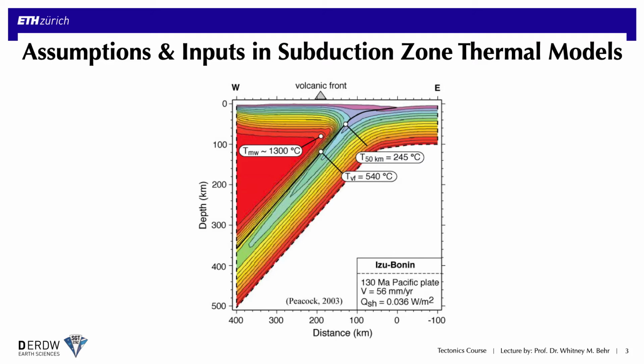Some of the key outputs that we're interested in extracting, or the reference temperatures that we extract from these thermal models, are things like the temperature of the asthenospheric mantle wedge, labeled TMW, the temperature of the slab top beneath the volcanic front, labeled TVF, and the temperature of the slab top at around 50 kilometers, which would be the temperature expected beneath the deepest part of the accretionary wedge, for example.